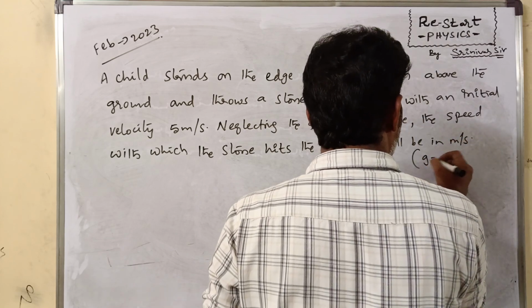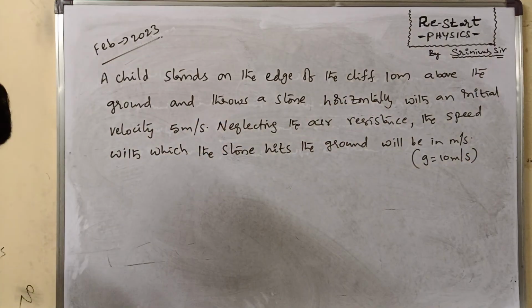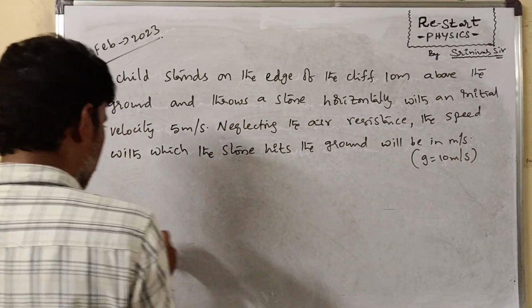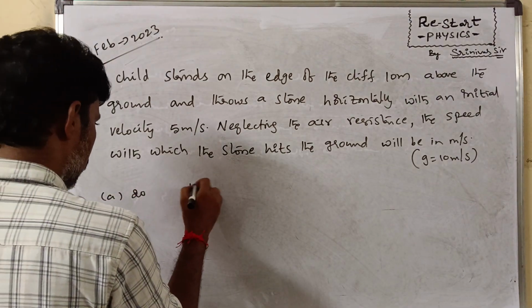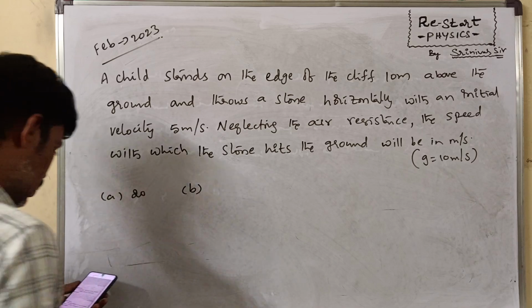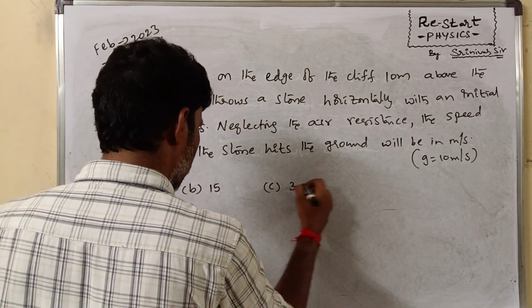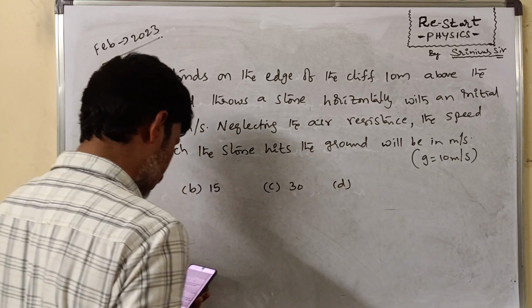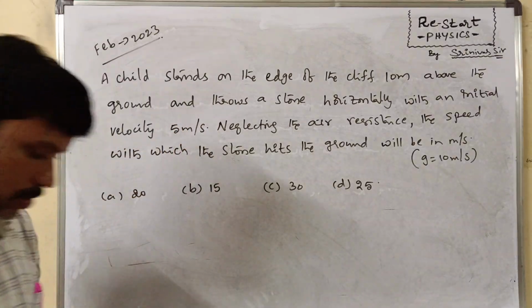In the bracket they are giving g is equal to 10 meter per second. Option A 20, option B 15, option C 30, and option D 25.